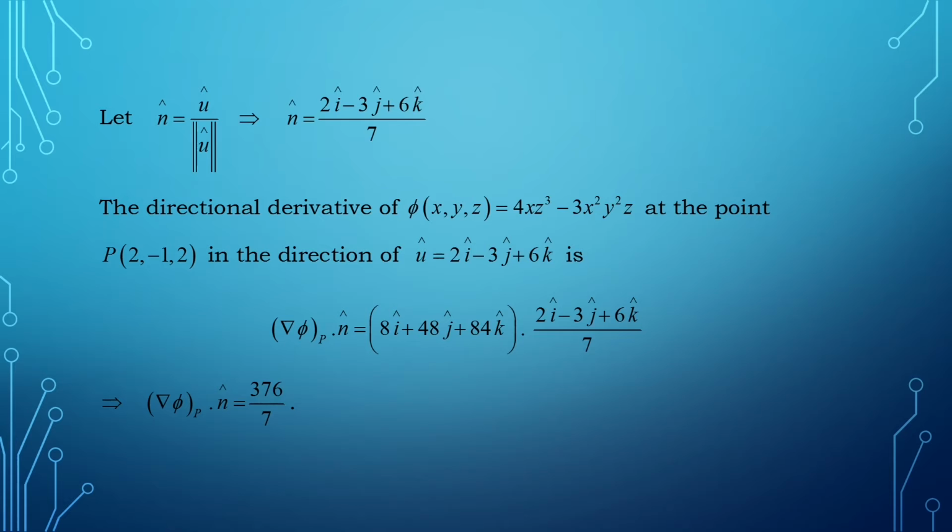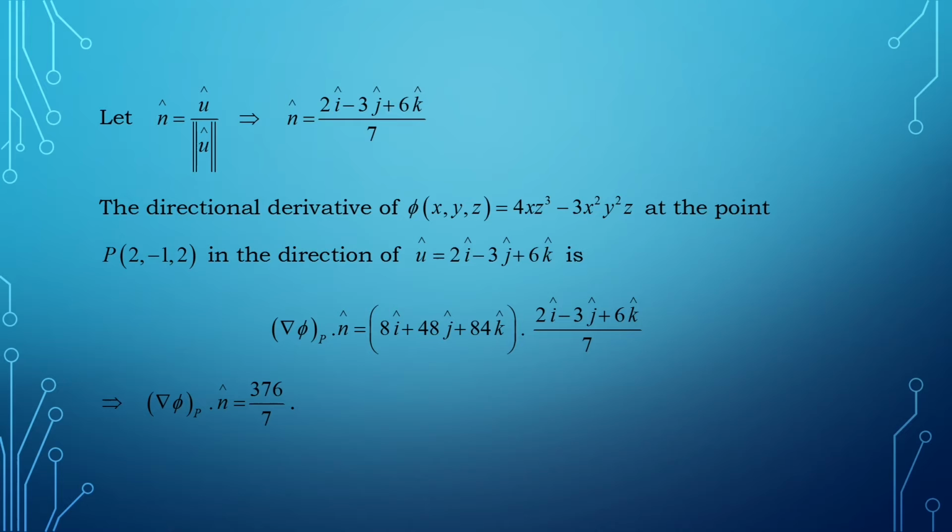To find the directional derivative of phi in the direction of u cap at the given point P(2, minus 1, 2), we need to find the dot product between the vectors del phi at P and the unit vector n cap.